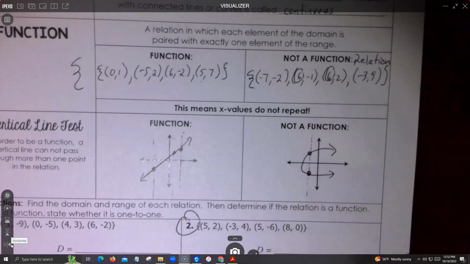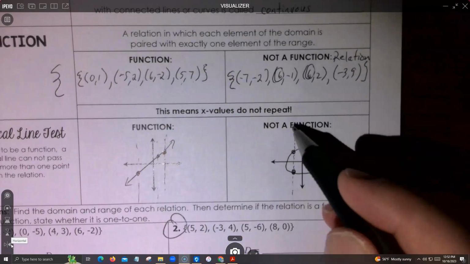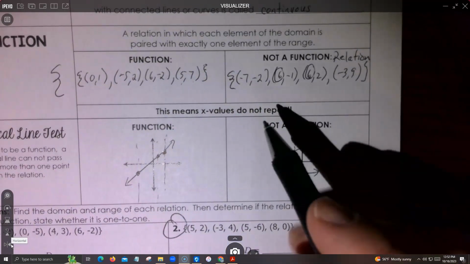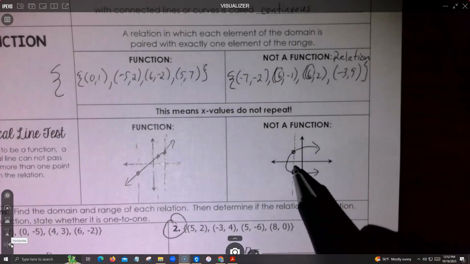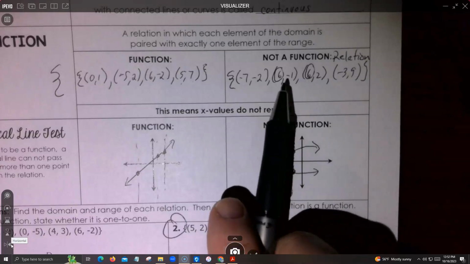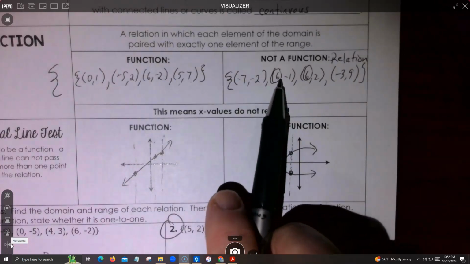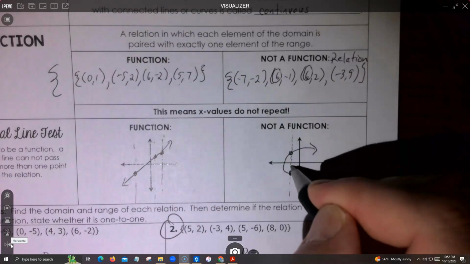The idea here is that what you're really doing with the vertical line test is testing x values, because x's run along the x-axis. I'm basically testing an x, and if I have a graph above and below it, that means I have two values of y going to one value of x. Like this example, let's say this was -1.